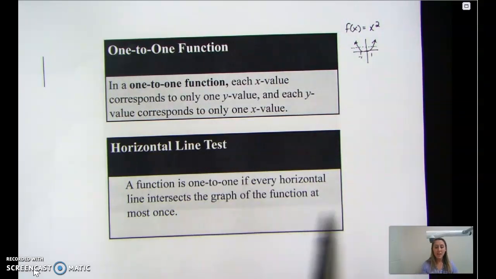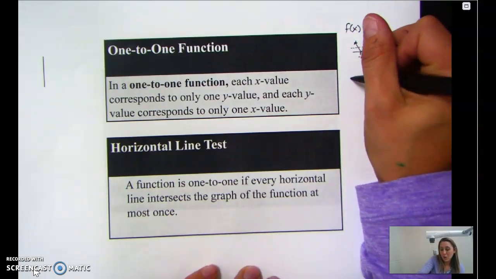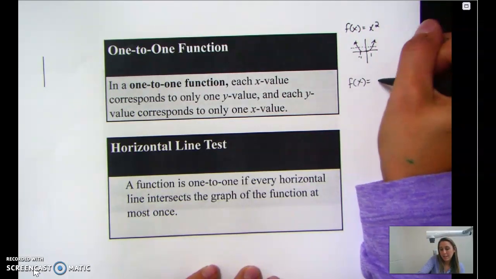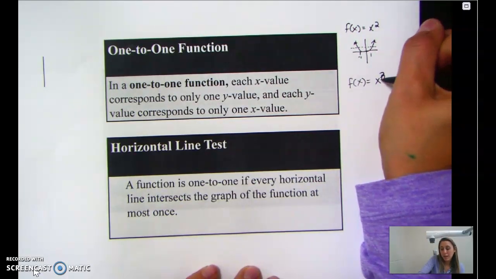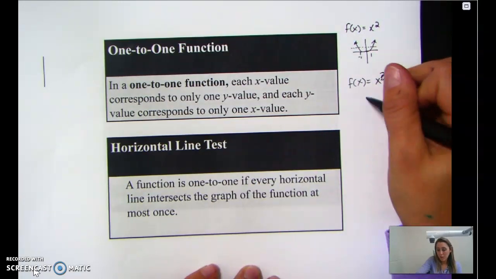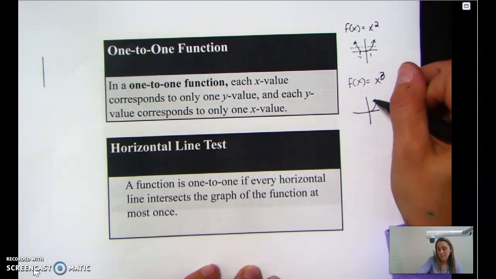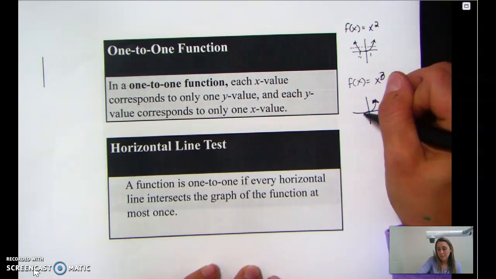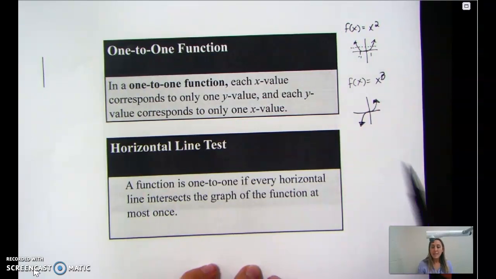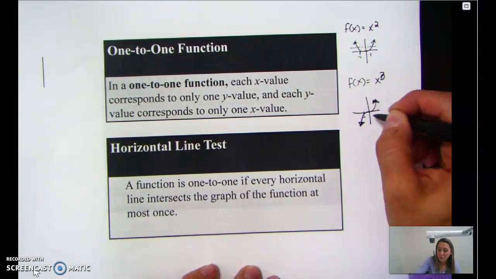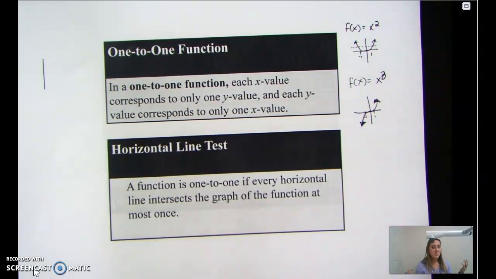So a one-to-one function always passes the horizontal line test. An example of one that does would be f(x) = x³. That graph looks like this. So this does pass the horizontal line test, and also the values at -1 and 1 are different.